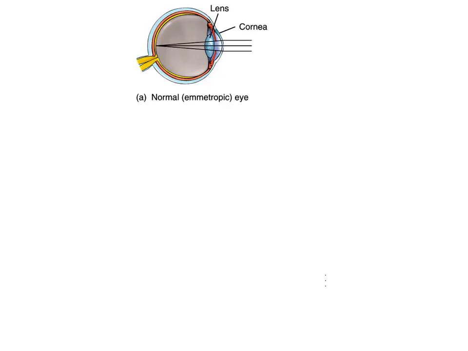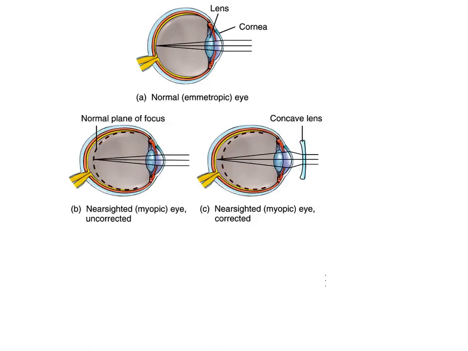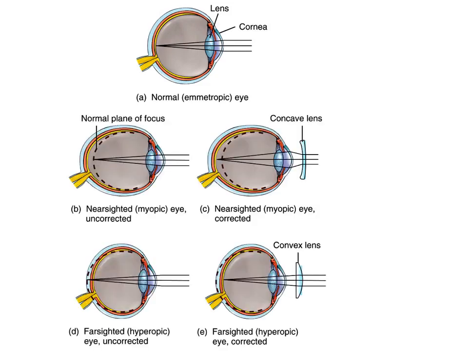There's other issues at play here in terms of the distance from the retina to the lens. And this has to do with what's usually referred to as near sight and far sight. Here is normal. Here is near sight. Here is far sight.